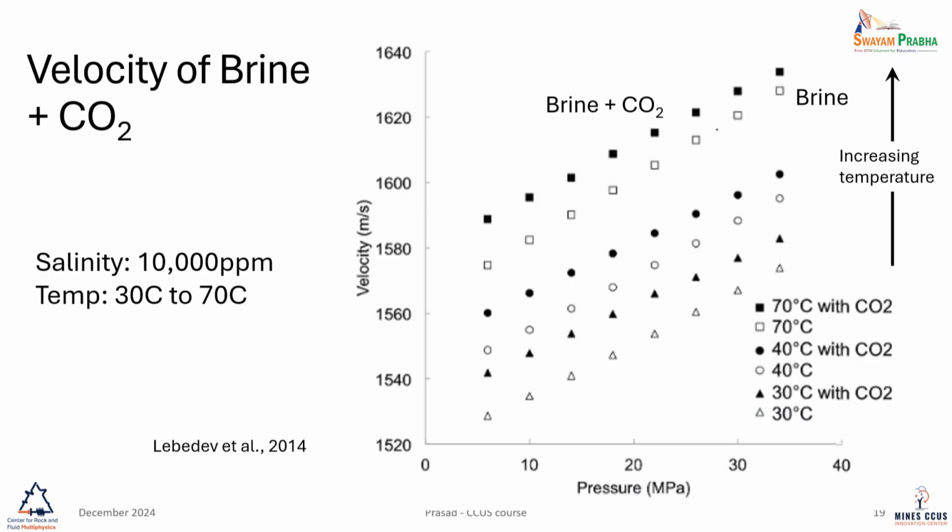This is brine, and this is brine plus carbon dioxide at a salinity of 10,000 parts per million. And so we see that almost always in this case, carbon dioxide increases the velocity. That gives us a very interesting way to understand the distribution of brine saturated with carbon dioxide and where it would go.